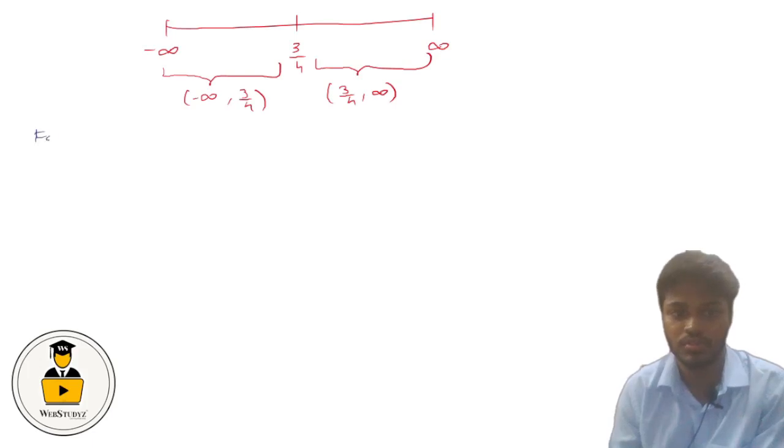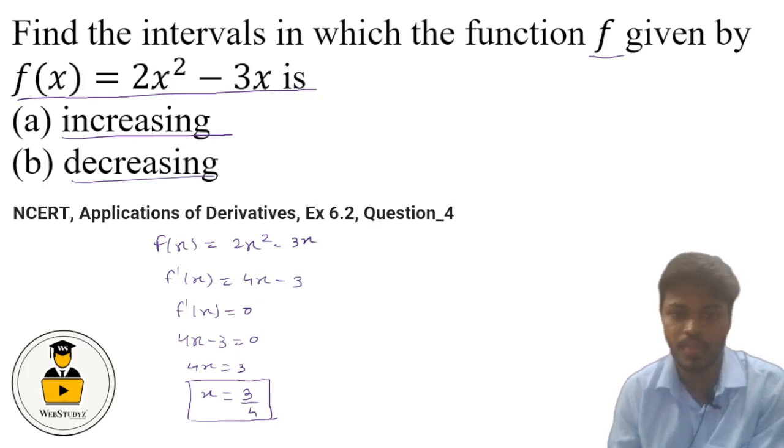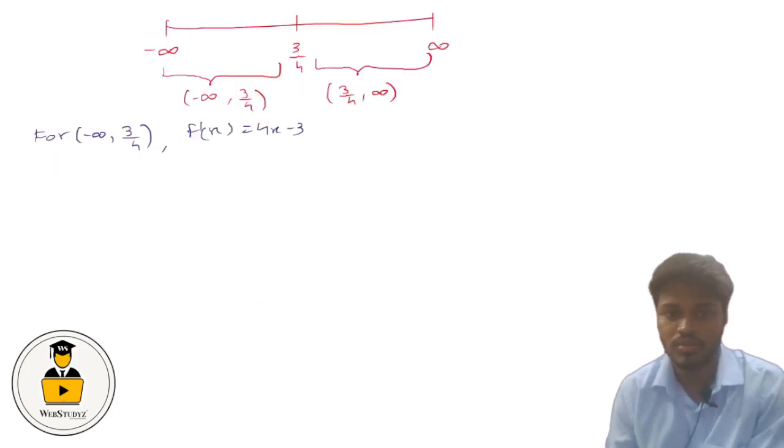Let us take minus infinity to 3 by 4. Our f dash of x in this interval is 4x minus 3. Since x is between minus infinity and 3 by 4, let us assume x equals 0. So f dash of x will be 0 minus 3, which is minus 3.